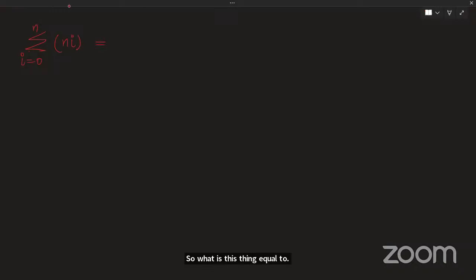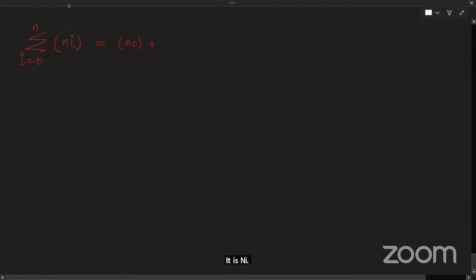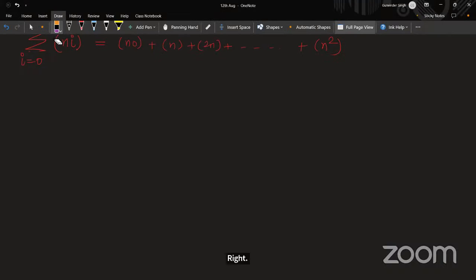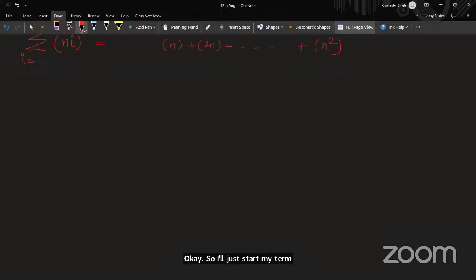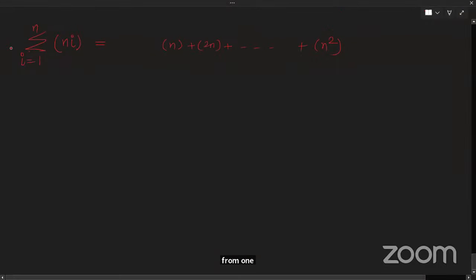It is 0 plus n plus 2n plus 3n plus so on till n squared, right? Okay, so I'll just start my term from 1, no worries. So this is what I'm asking, right?